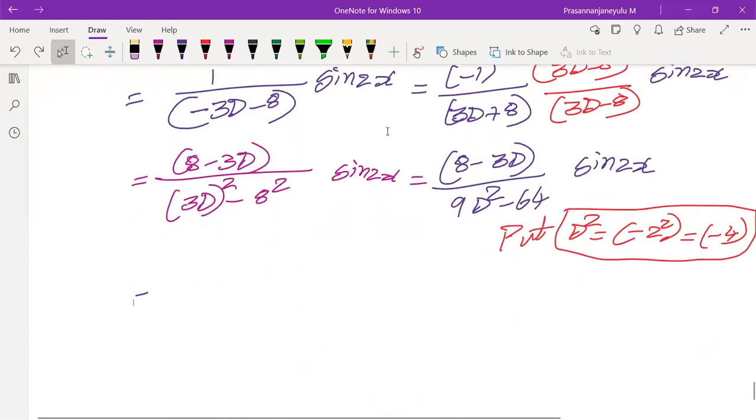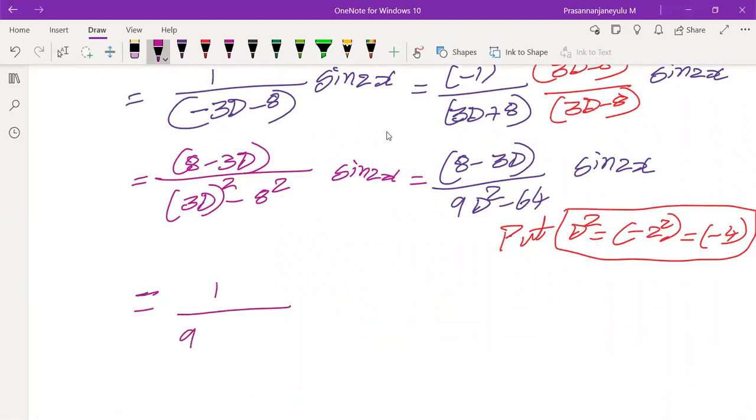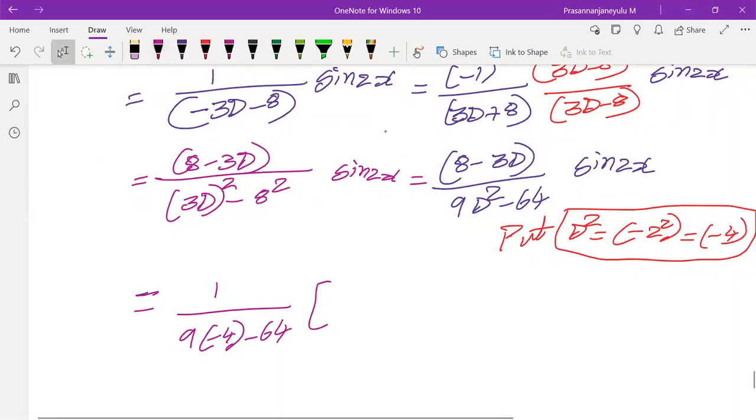So what are we getting here? We are getting 1 by 9 into d square, and in place of d square, substituting minus 4, minus 64. Now multiply each and every term of the numerator part. Each term is nothing but 8 is one term, minus 3d is one term.